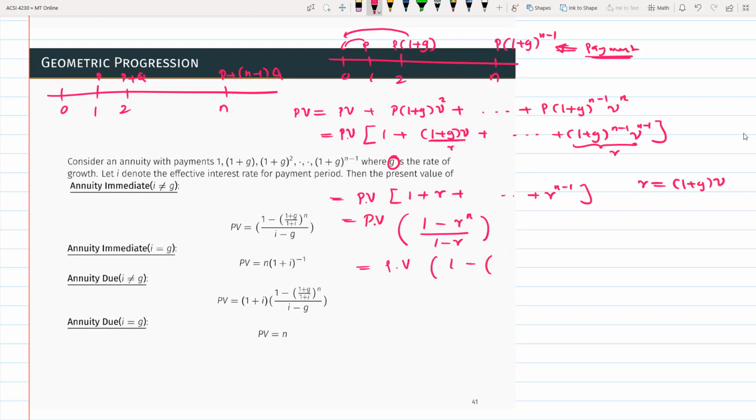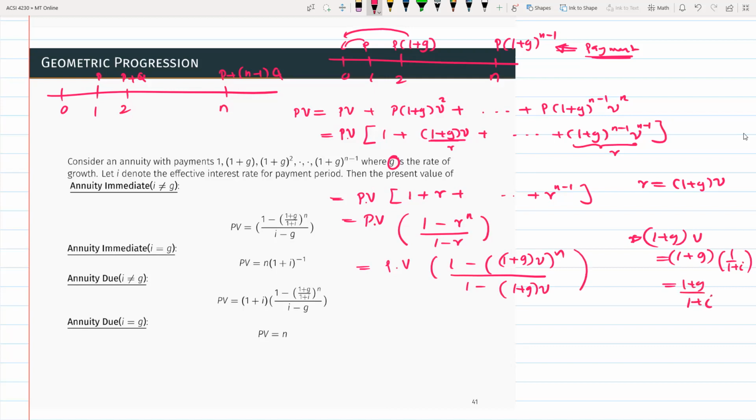1 minus R^n is basically 1 minus ((1 plus G) times V)^n, over 1 minus (1 plus G) times V. So (1 plus G) times V, where V is 1 over (1 plus i), gives you (1 plus G) over (1 plus i).